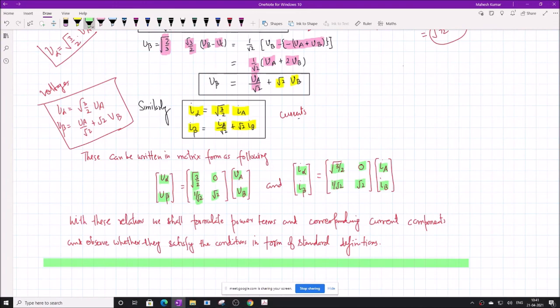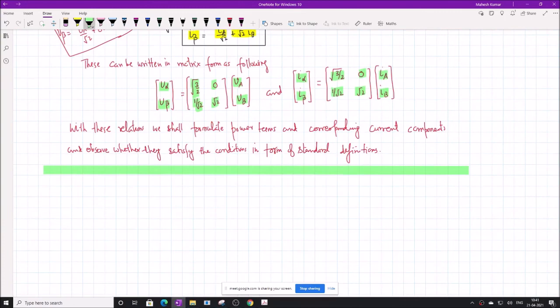Okay. So the next step is to find out the powers P and Q on the primary side. So this is P and this is Q. As you know that P is nothing but V alpha into I alpha plus V beta into I beta, and Q is V alpha into I beta cross terms minus V beta into I alpha.